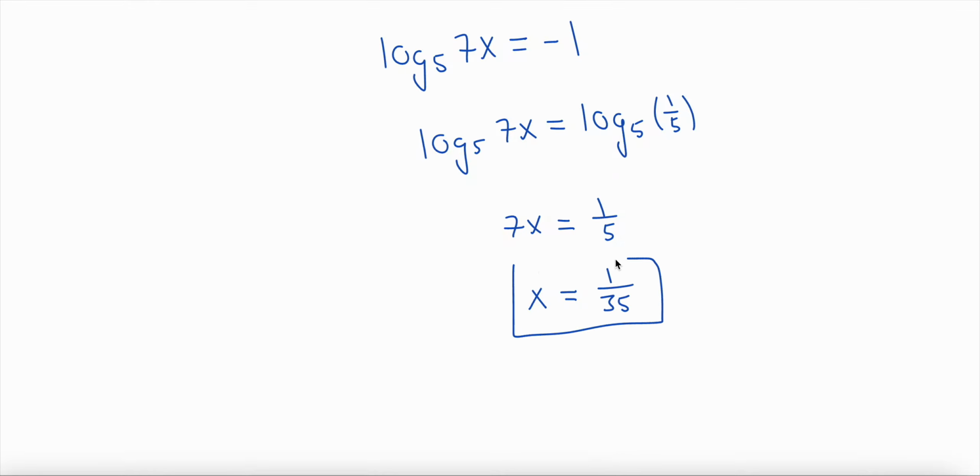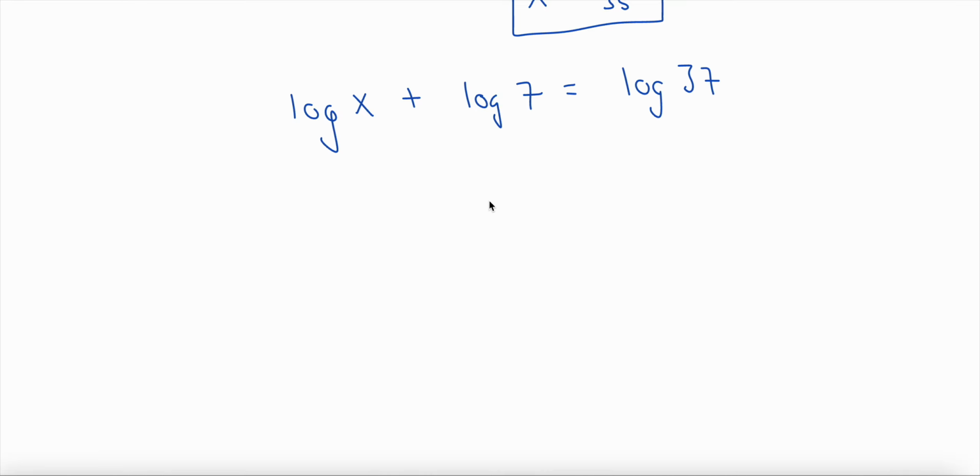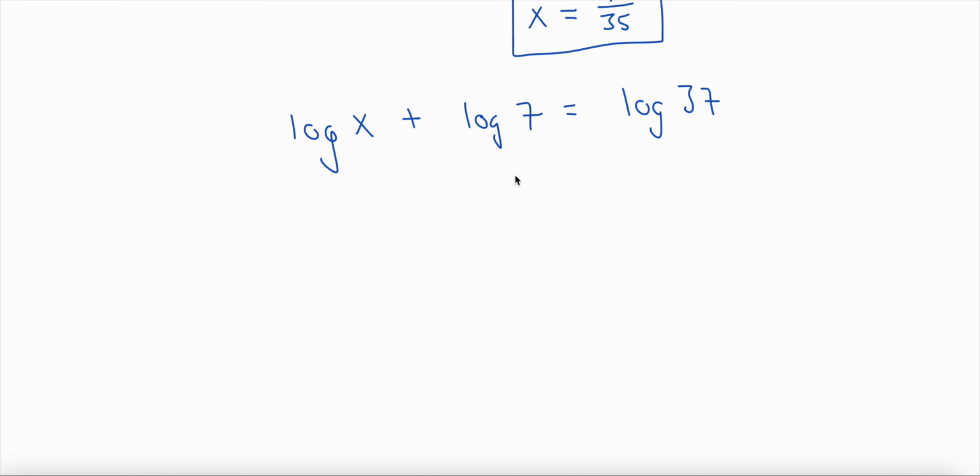And let's see here. I have another one lined up here. We got log of x plus log of 7 equals log of 37. So in order to solve this one, we're going to want to combine these together.